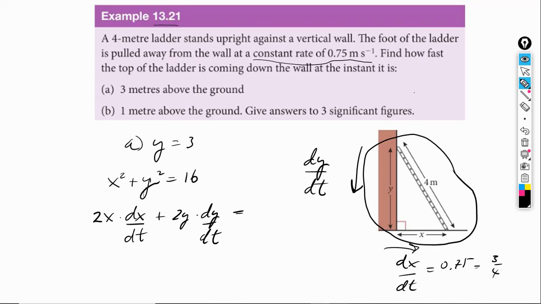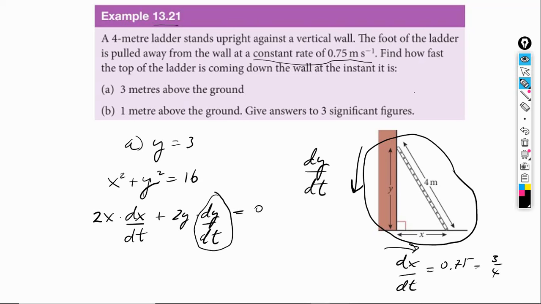And this equals 0 because 16 is a constant. Okay, so now what we really have to do is solve for this, because this is what they are asking us for, which is find how fast the ladder is coming down the wall.